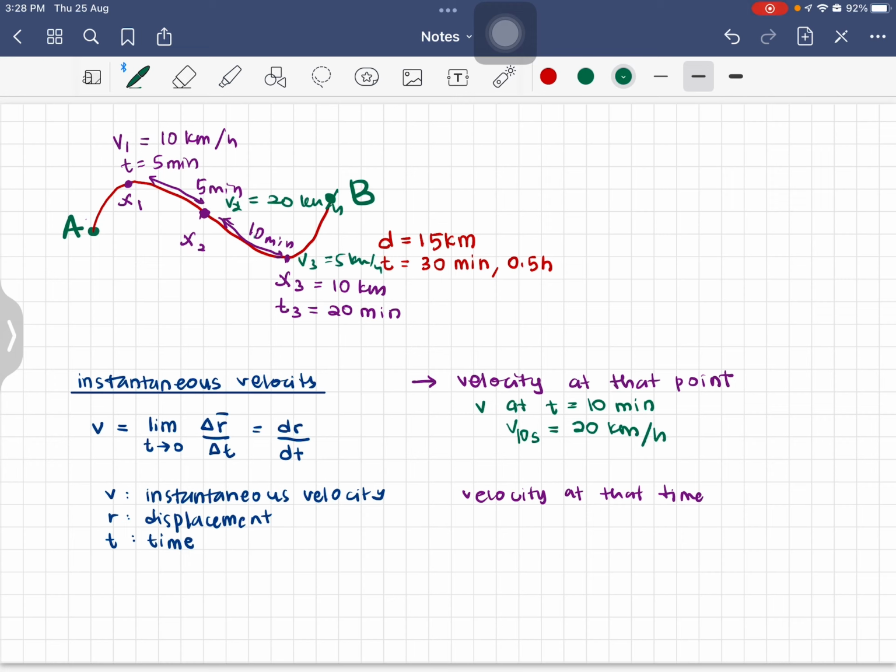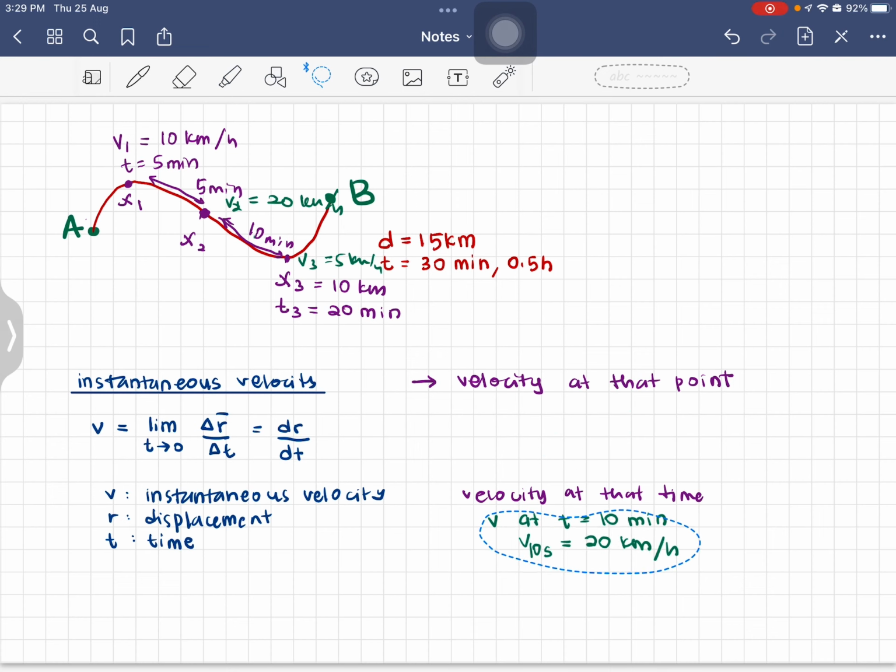Okay, this is upside down. That point should be at the bottom. Velocity at that time. So, let's say I want the velocity at time equal to 10 minutes. I look at the speedometer. The speedometer reading is 20 km per hour. So, what is the velocity at that point?